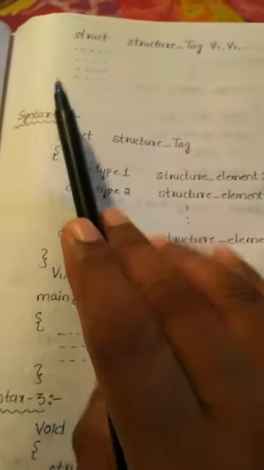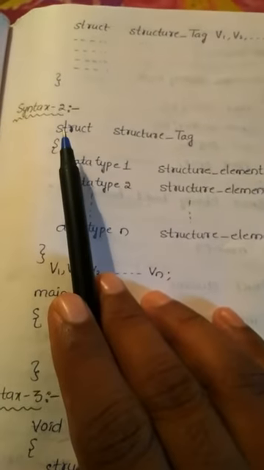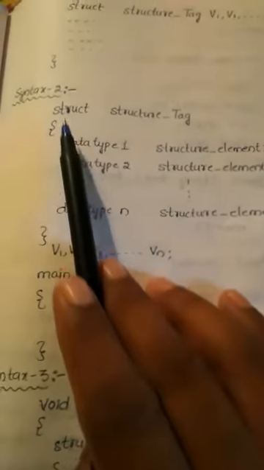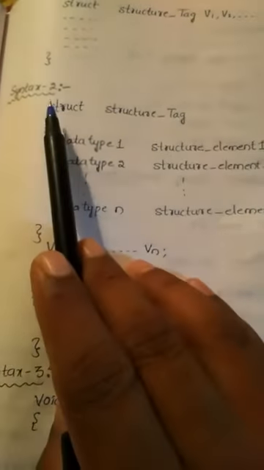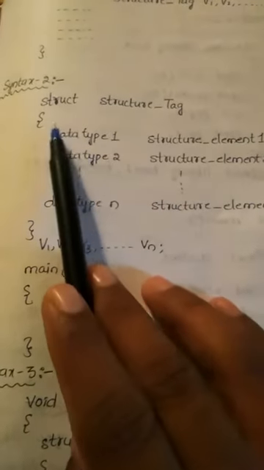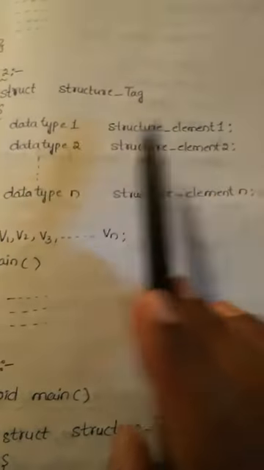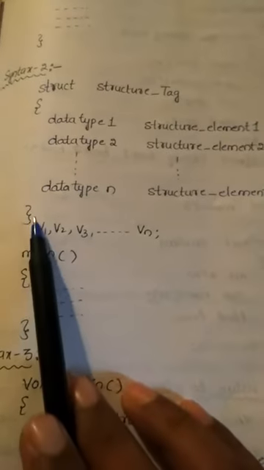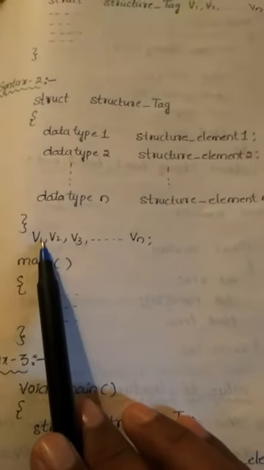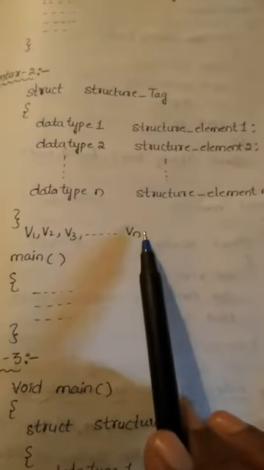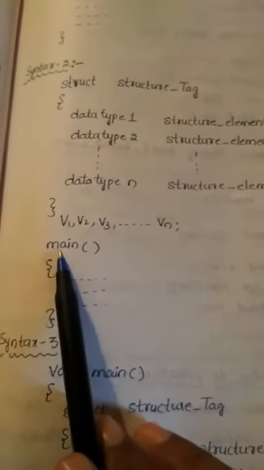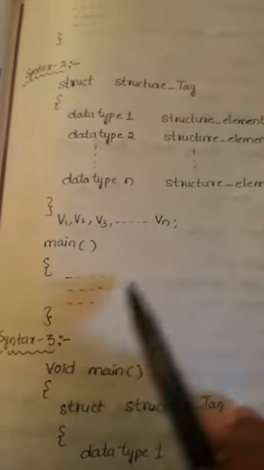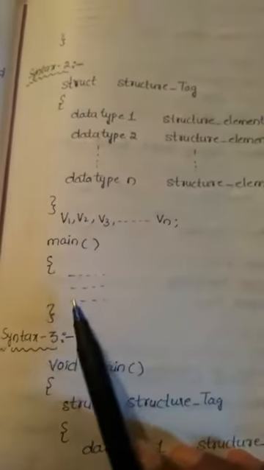Close the main. Syntax 2 means we can also declare a structure in this style. Struct, structure tag, opening brace, data type, structure element 1, data type 2, structure element 2 up to n. Close it. After closing, declare the structure variables v1, v2, vn and then a semicolon. Then write the main. This is another style of declaration of structures.